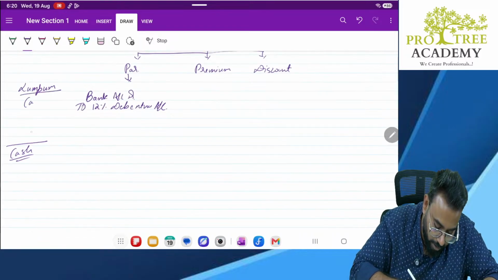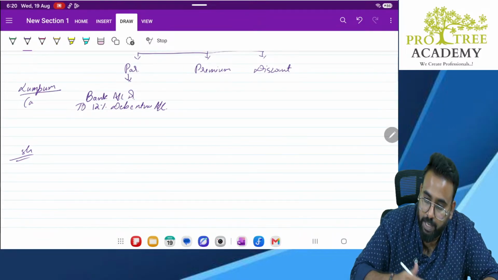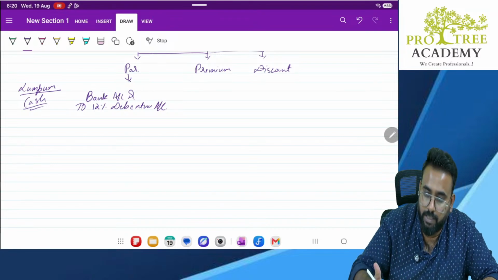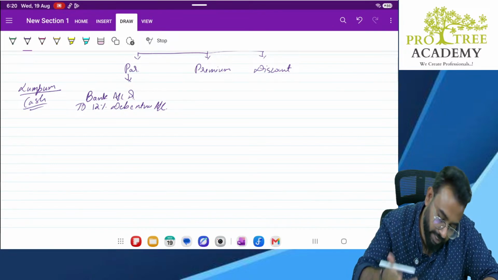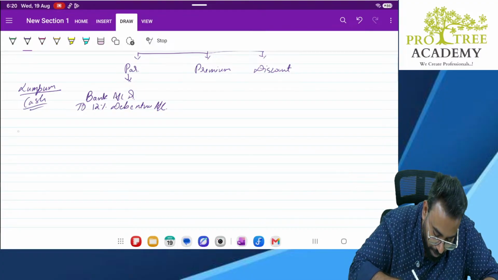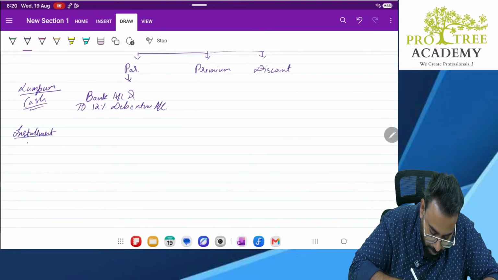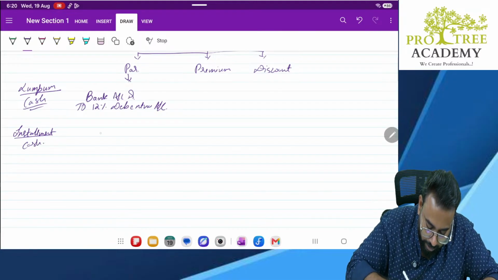Suppose you are issuing debentures on installment basis, just like how in equity share capital we can issue on installment: on application some money, on allotment some money, on first call some money, on final call some money. In the same way debentures can also be issued in installments, for cash.